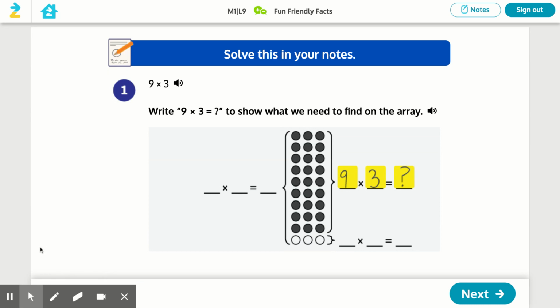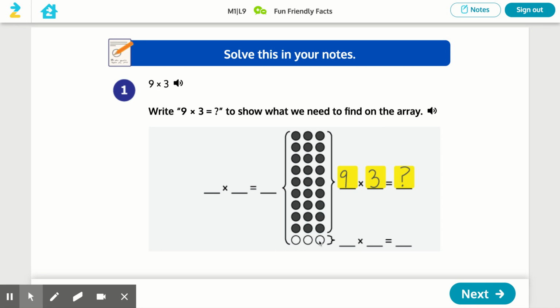All right, guys. And so remember, we don't have the Zern note sheet, but we do have our math journals. So here is what I want you to do. Listen very carefully. Please draw this array in your notebook. The top array, please shade in the circles or the counters.